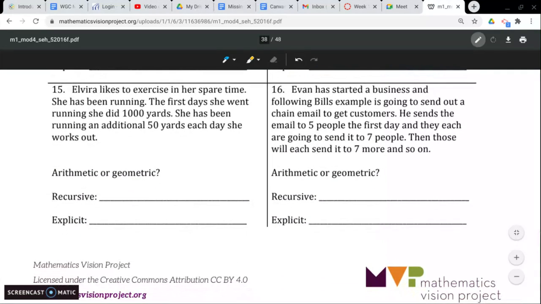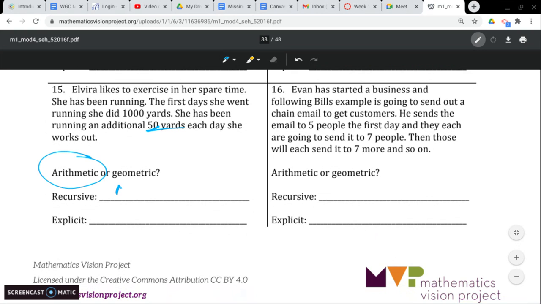All right, number 15. Elvira likes to exercise in her spare time. She has been running. The first day she went running, she did 1,000 yards. She has been running an additional 50 yards each day she works out. So is this arithmetic or geometric? Are we adding or are we multiplying? We are adding because she's only going up 50 each day.